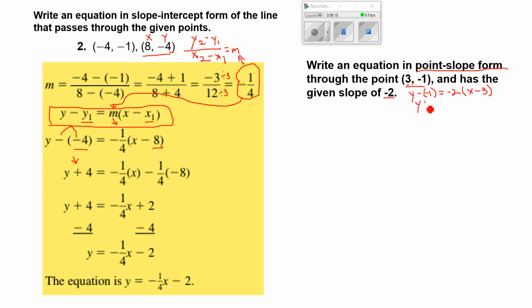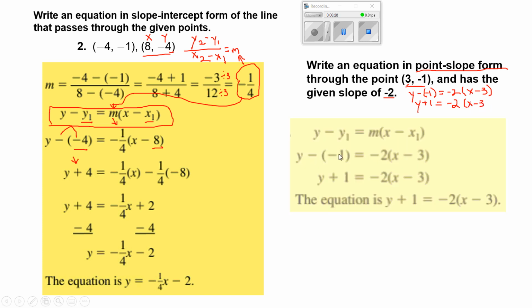They probably got y plus 1 is equal to negative 2 times x minus 3. We're just going to see what they did real quick. Y plus 1 equals negative 2 times x minus 3. Perfectly done. Oh, except that I did forget to put my other parenthesis here. But this is exactly what they have down here. All right, let's go to the next one.